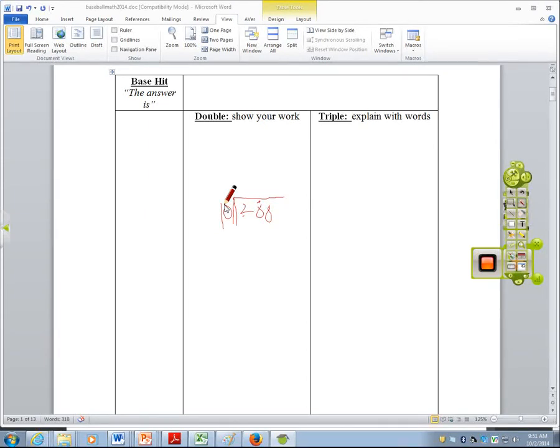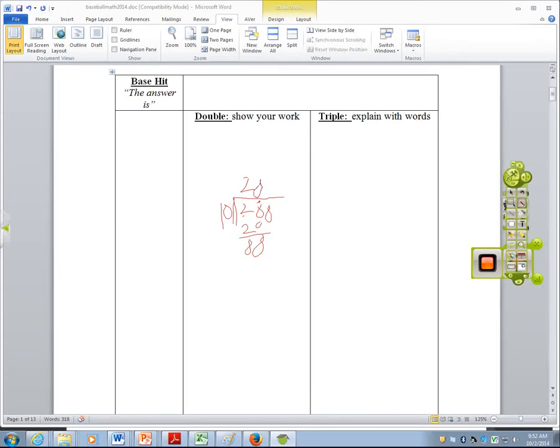Twice, so 2. Write a little bit bigger and then the pen works. 2 goes up there, and that equals 20. So 8. Bring down the other 8.